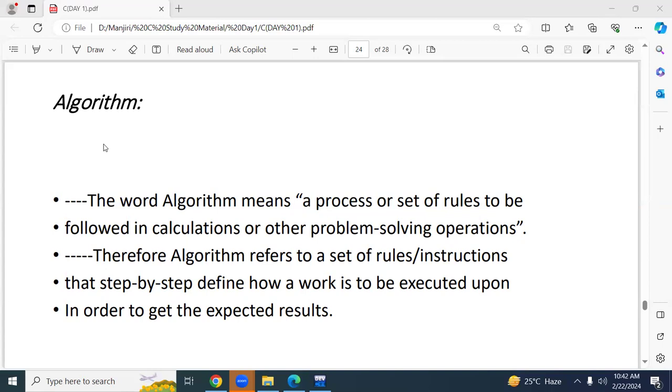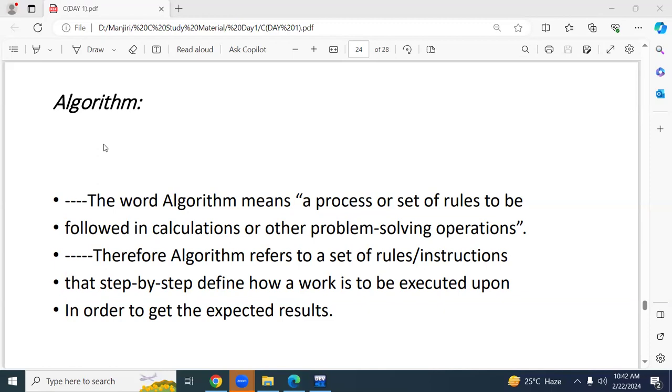So for handling a particular part of the program, they write some step-by-step instructions in a natural language. Please try to understand. This is one of the problem-solving techniques. Before working directly on the programming language, before starting the program, they make a set of rules, a problem-solving technique for a particular program.